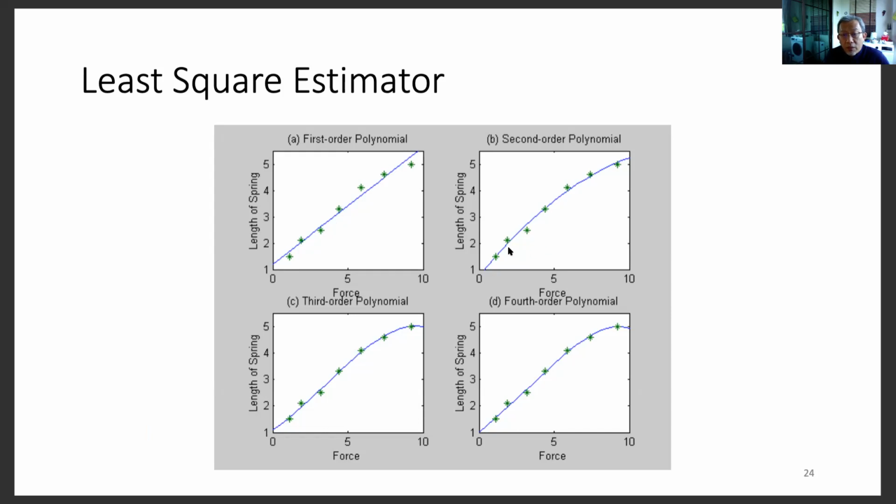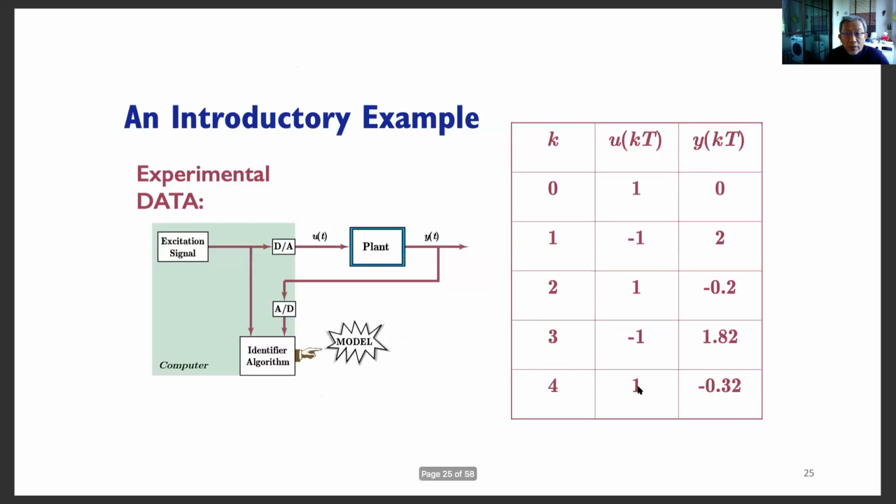And the second order polynomial is much better compared to the first order polynomial. Then the third order model structure is also good, and the fourth model is also accepted. So which one is the best one? It's between the second and fourth. So we choose the third order to represent the system.